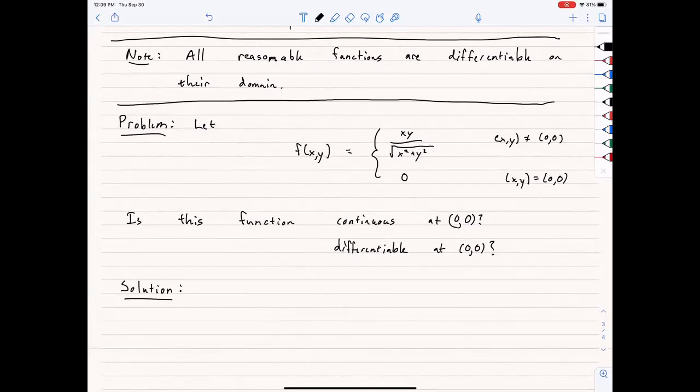I appreciate that. I can see it. Great. Who thinks it's not continuous? The non-continuous people are much braver. But the non-continuous people are wrong. It is continuous.